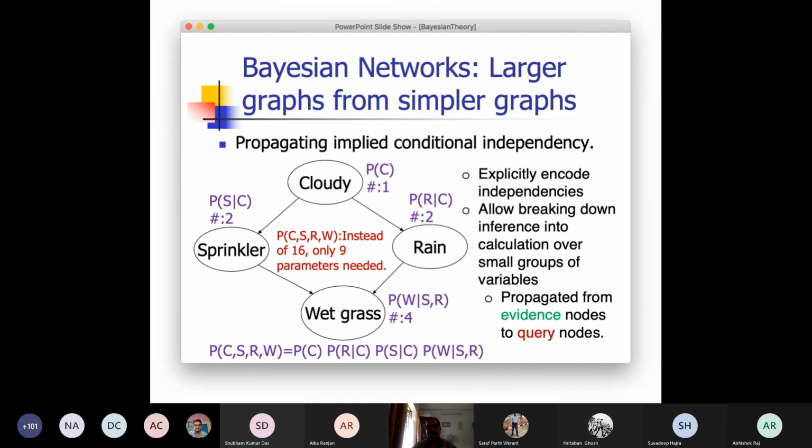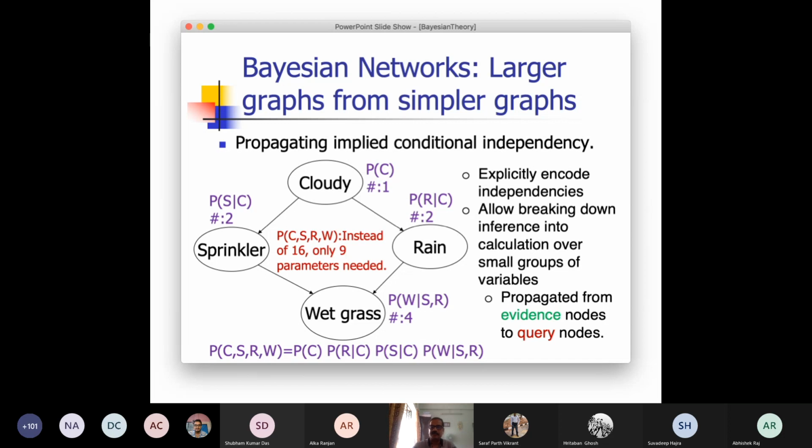These are certain advantages. First, it explicitly encodes dependencies, and then you can compute locally and aggregate them. There are algorithms; unless you go through the algorithms, it will not be very clear to you.